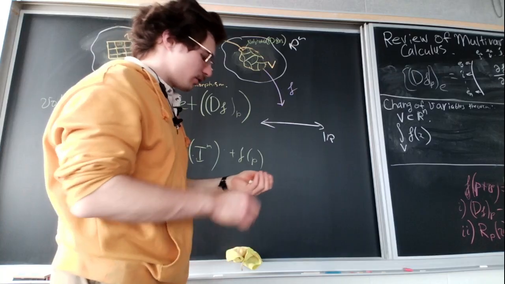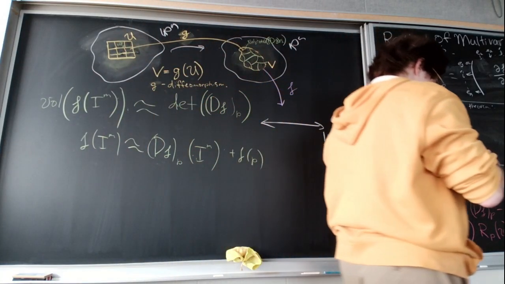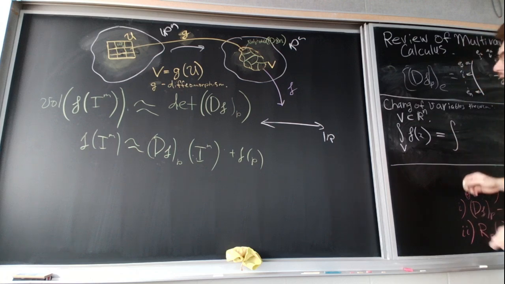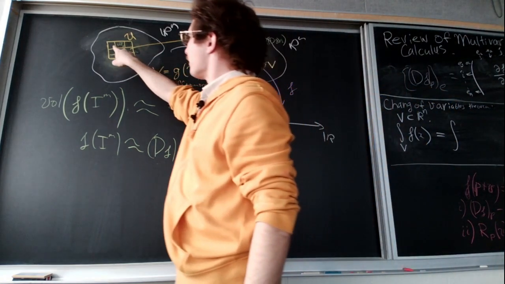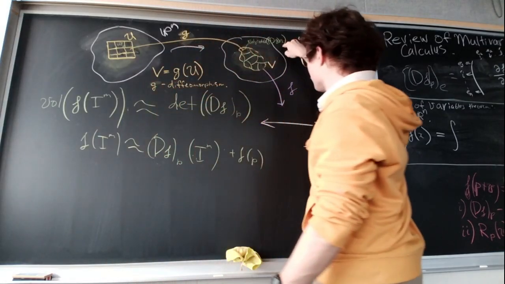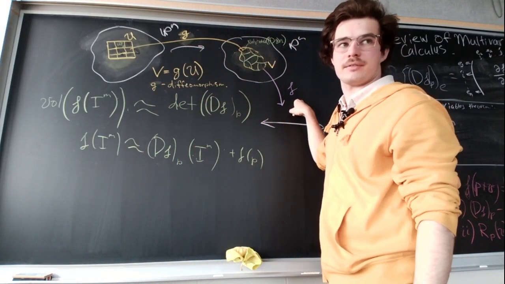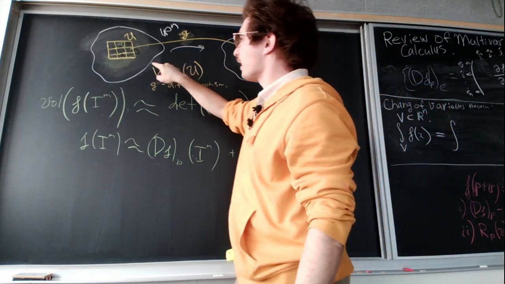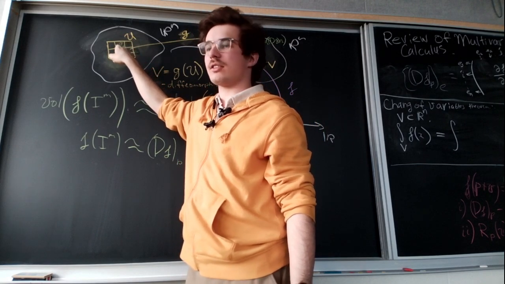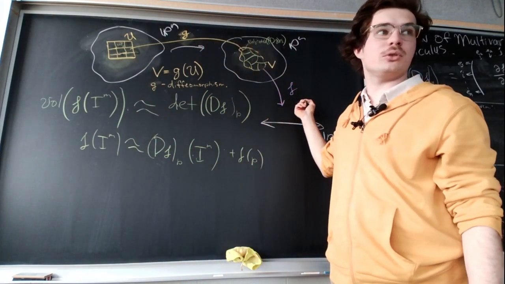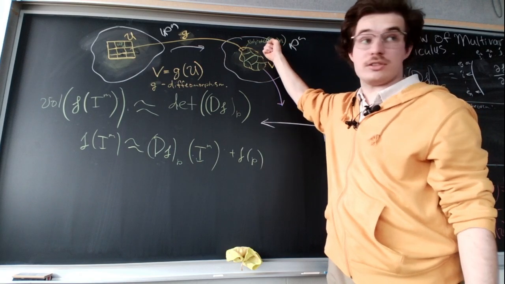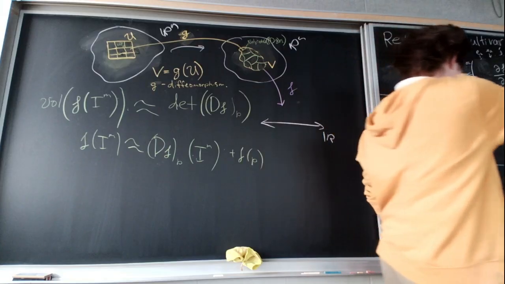So what does that sound like? I look at the volume of this cube and then multiply it by this determinant thing and by this f thing. That very much sounds like I'm doing an integral over here, but instead of doing it as an integral of the function f, I'm now doing it as the integral of f times the determinant of dg.